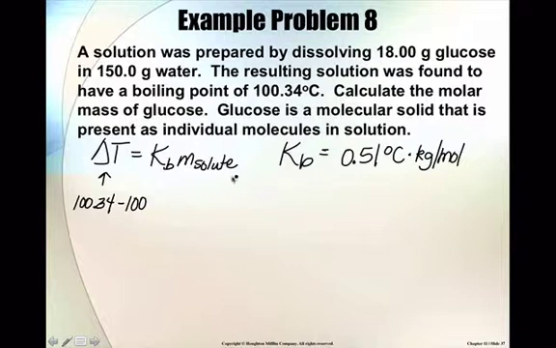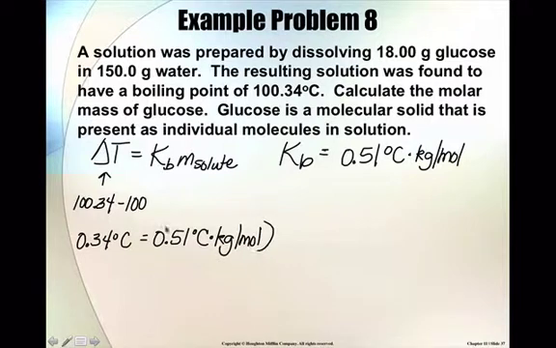What we're going to solve for is the m. That's what we don't know. So I'm going to have 0.34 degrees Celsius, that's the change in temperature, is equal to 0.51 degrees Celsius kilogram per mole times m, and I'm going to solve for the molality of the solute.